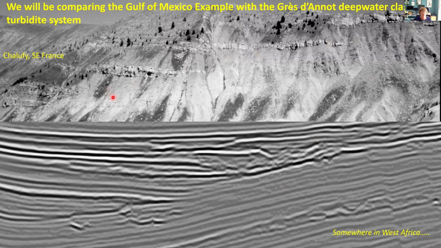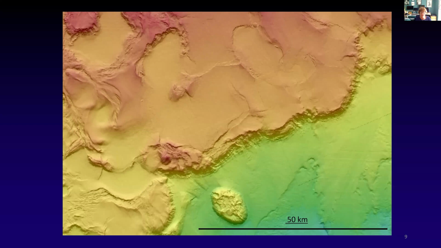And as everybody knows, this is a global problem. This seismic is from somewhere in West Africa. But today we're going to look at a case history from the Gulf of Mexico.